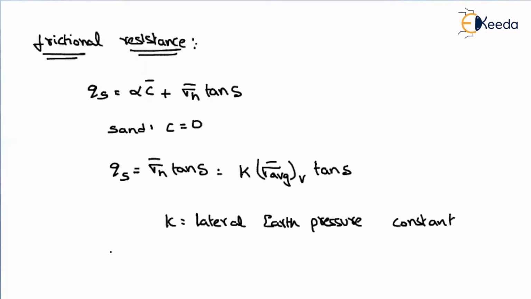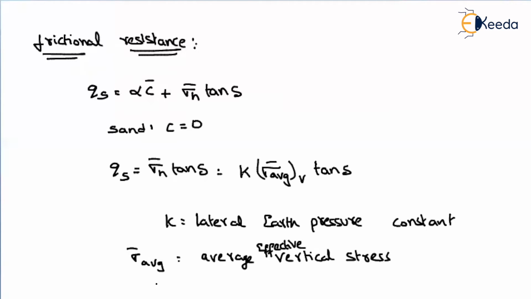What about the sigma average? Sigma bar average is equal to the average vertical stress. As we are talking about sigma bar, we have to talk about the average effective vertical stress. What about delta? That is nothing but the friction angle. So this is the frictional resistance of a pile in sands.